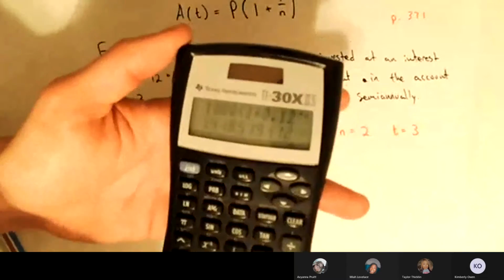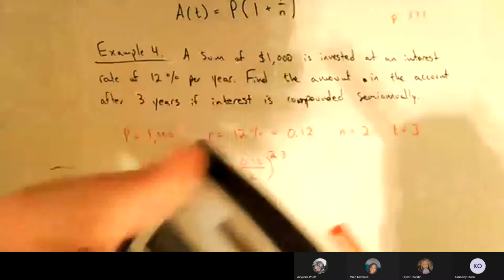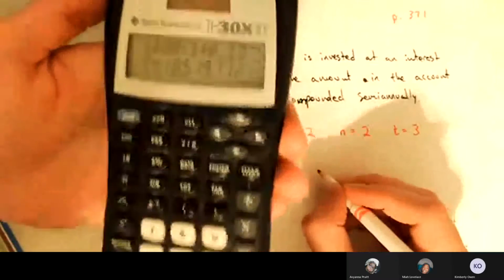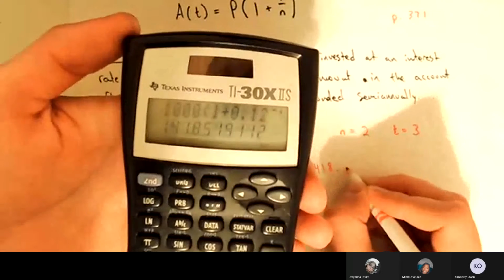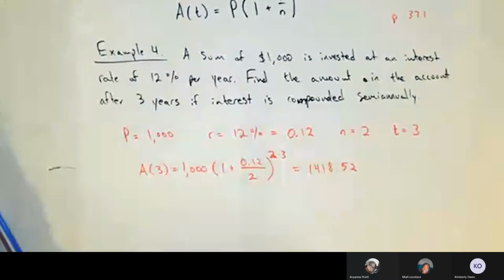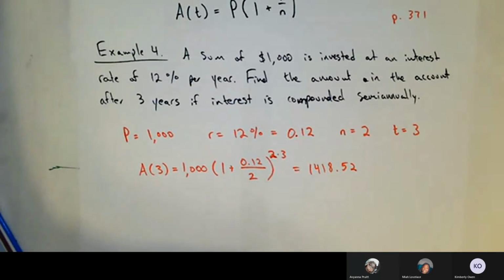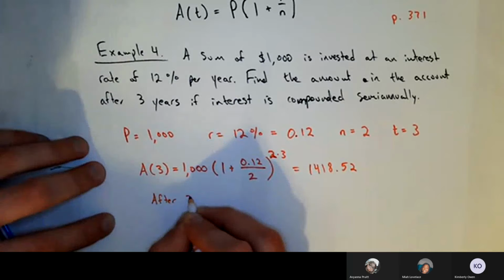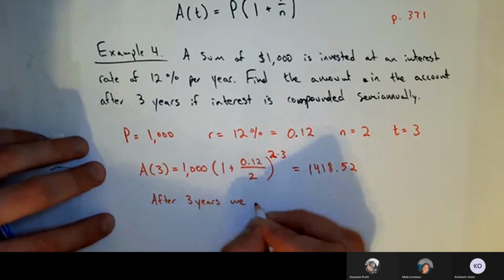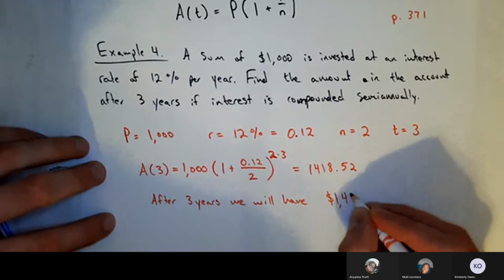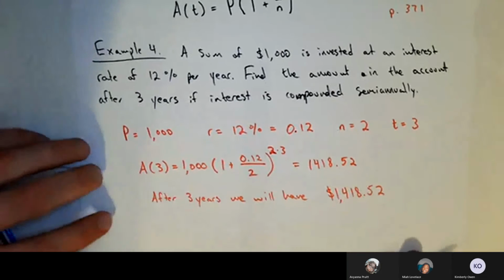Of course, it's a dollar amount, so I'm going to round to the 100th place. 1418.52. So after 3 years, we will have $1,418.52.